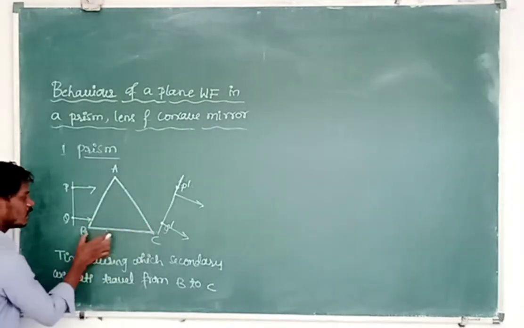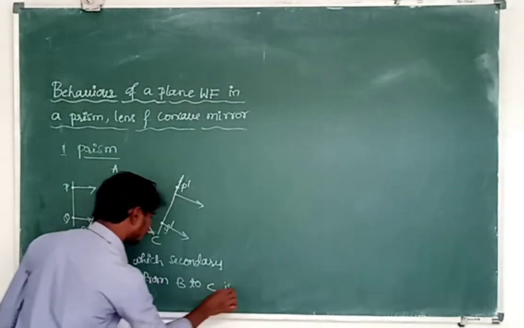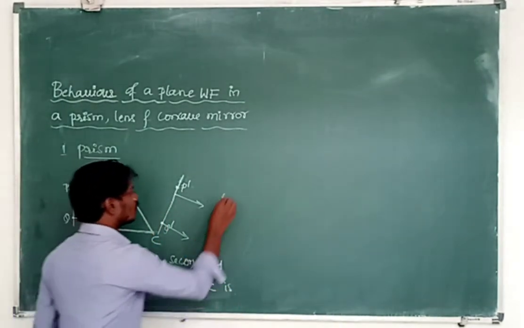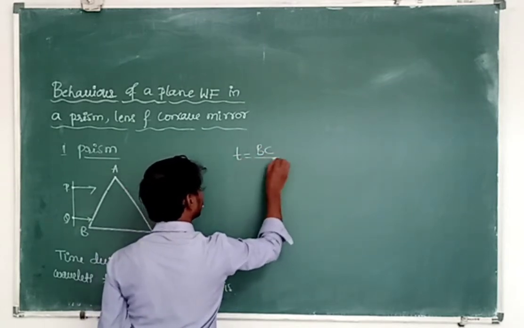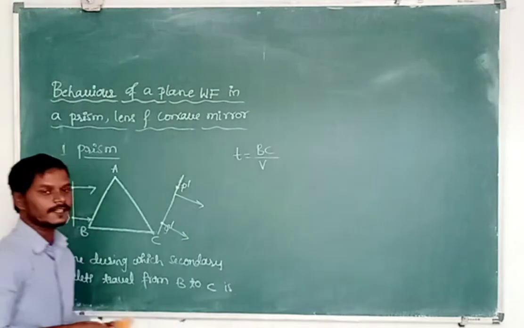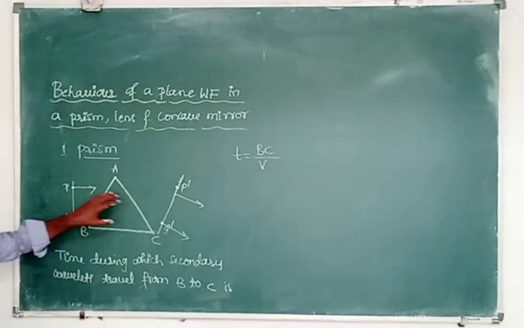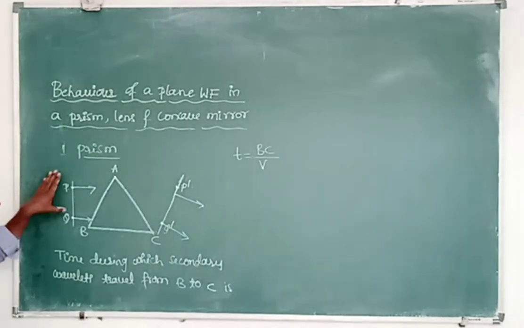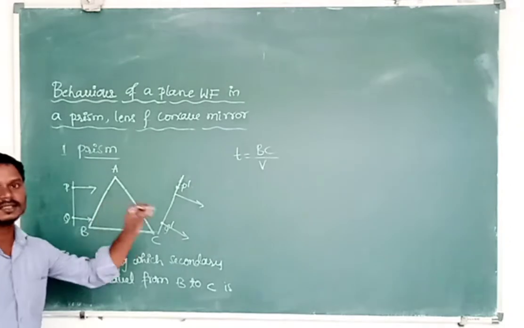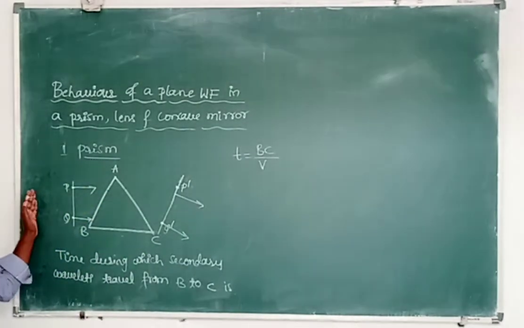B to C here is the base. The time is equal to the distance traveled divided by the speed of light. See here, the speed of light is less in glass compared to air. In air the speed of light is maximum, but in glass the speed of light is minimum, because glass has a higher refractive index than air.